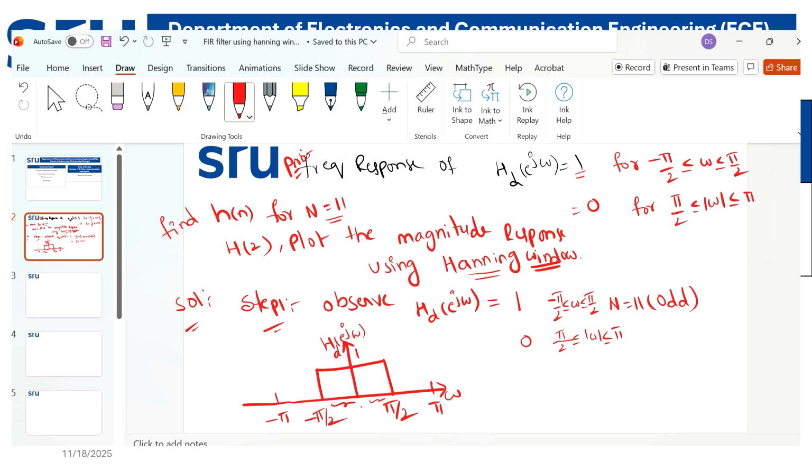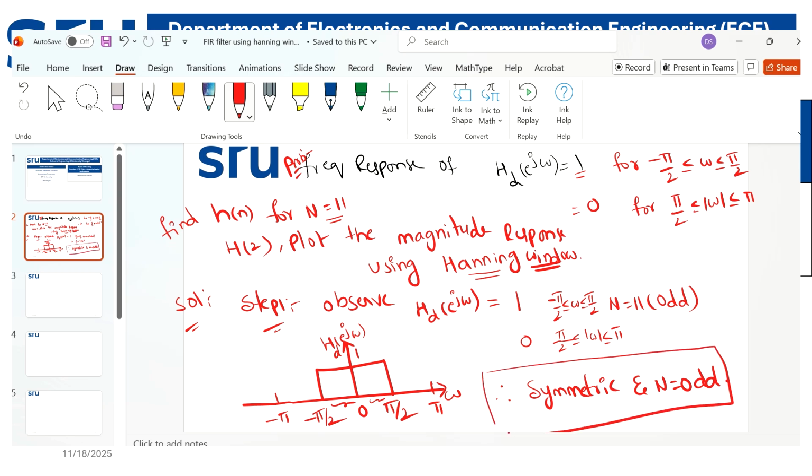So from 0 to pi by 2 is the same as minus pi by 2 to 0. Therefore the given frequency response is symmetric and the N value is odd in nature. So this is the first step.